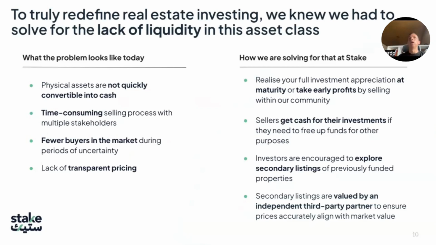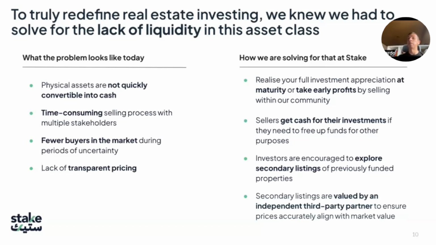Normally with physical assets, let's say you have gold or jewelry, it's not quick and easy to convert that into cash. You need to go somewhere, find a buyer, and then liquidate that. Real estate is no different. It can be a very time-consuming process involving different stakeholders, maybe brokers, maybe sellers, people viewing the property.